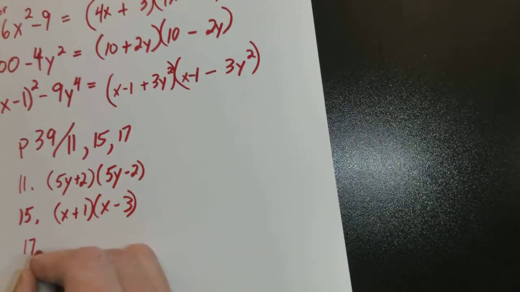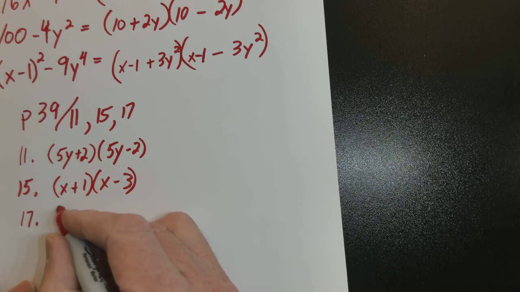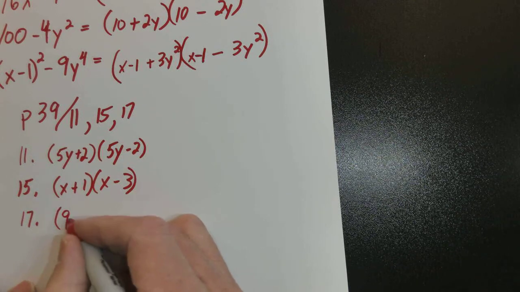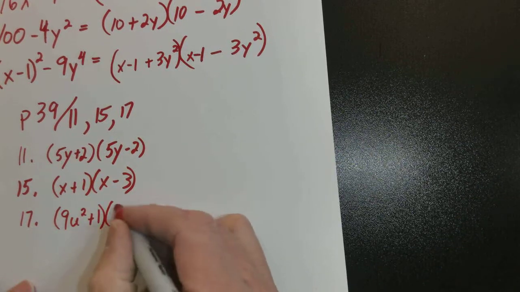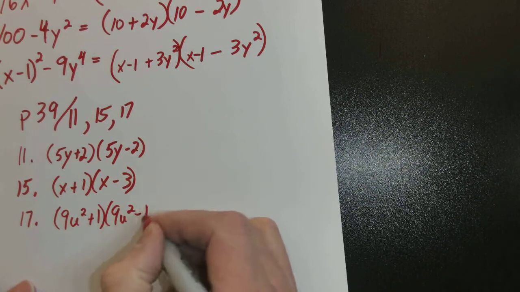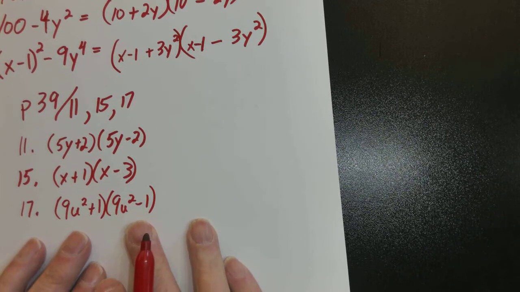And 17. Pete. I had 9u squared plus 1 times 9u squared minus 1. Okay. Anybody go further with this? This is right, but I think we can go a little further. What are you seeing? Something, Pete? Yeah, okay.